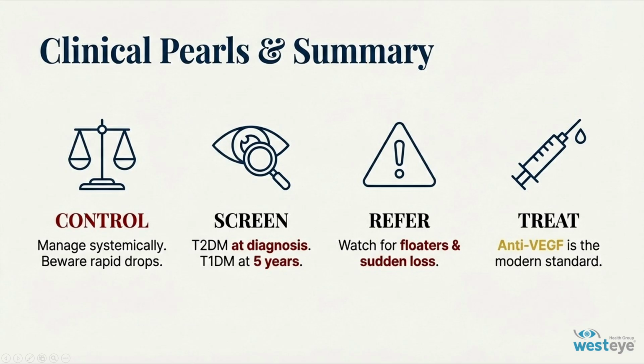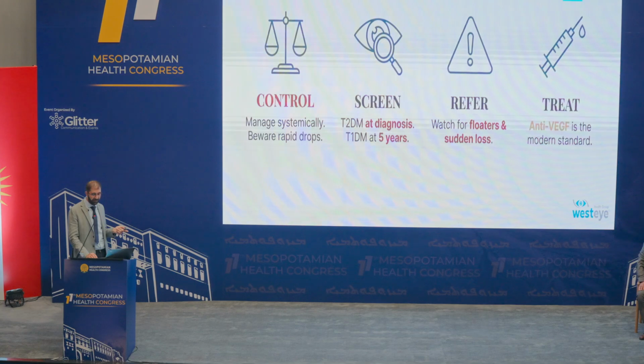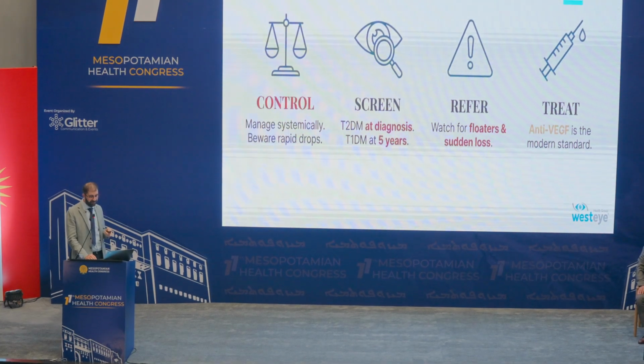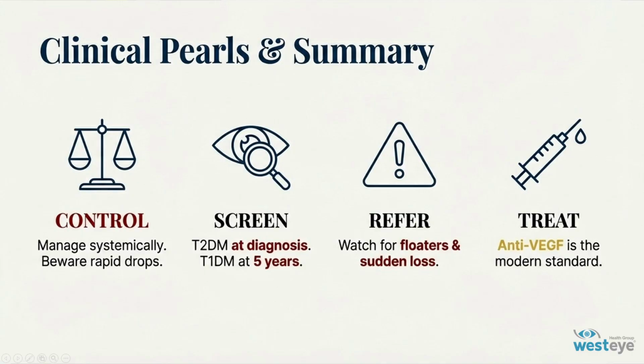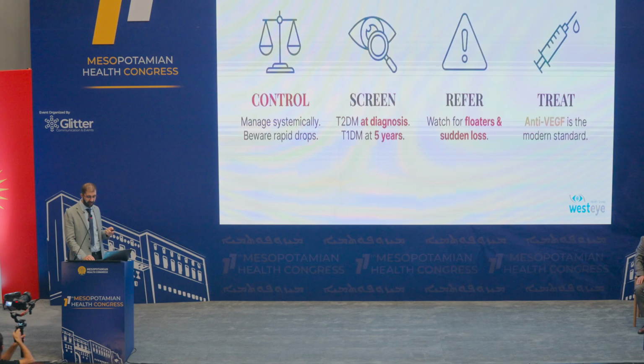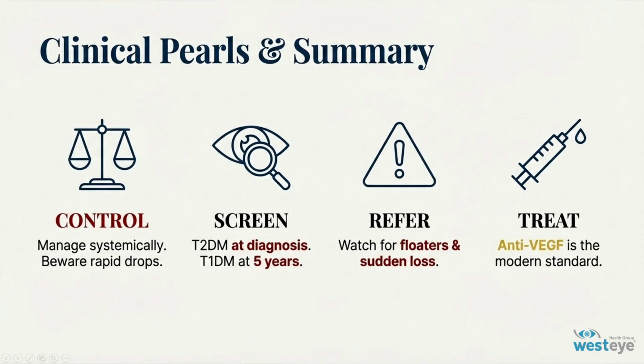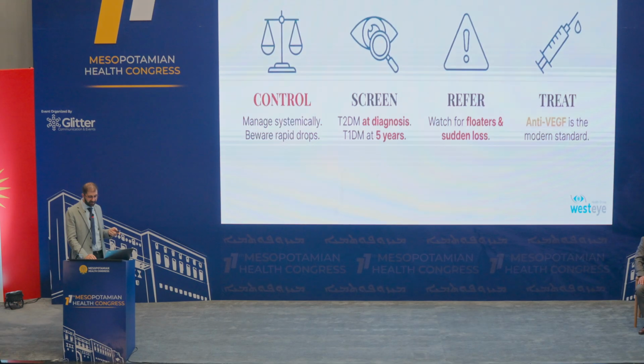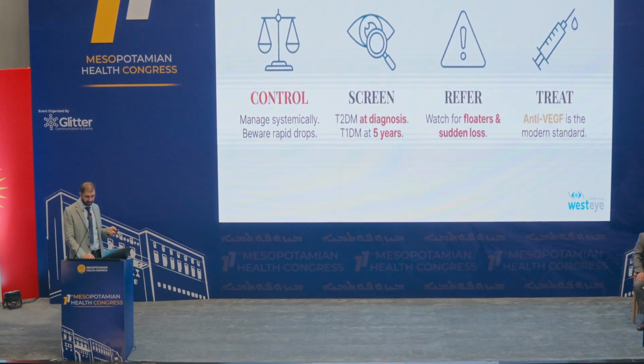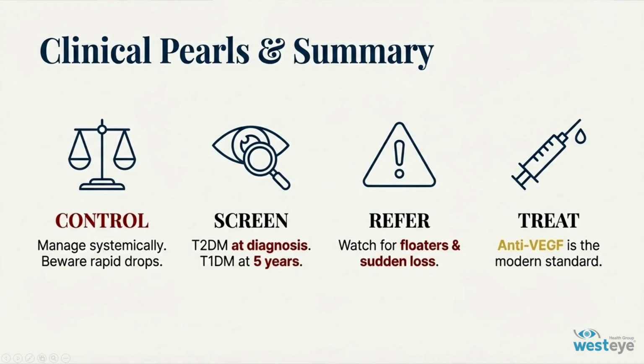Second step is screening, as I mentioned before. In type 1 patients, 5 years after diagnosis is enough. In type 2 patients, at the time of diagnosis. And referral criteria depend on visual changes and our patient's symptoms. About the treatment, the last step, the most important and the gold standard therapy is anti-VEGF.